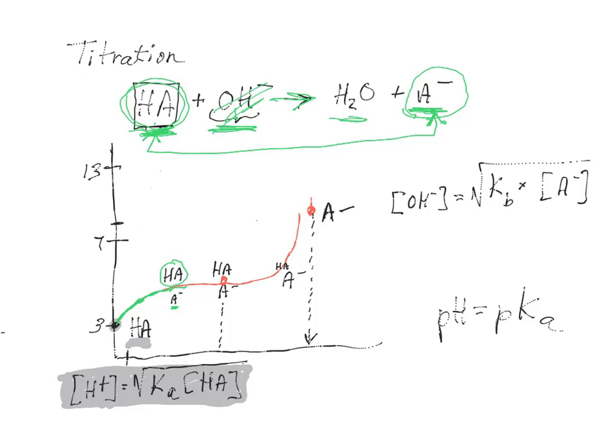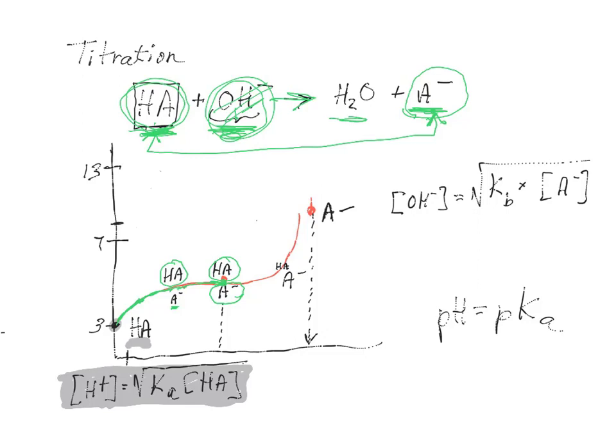Now that's going to keep on happening. As we drop in more and more hydroxide, we're going to be getting to a situation, now let me switch to the green, where the amount of acid left is going to equal the amount of conjugate base you made.